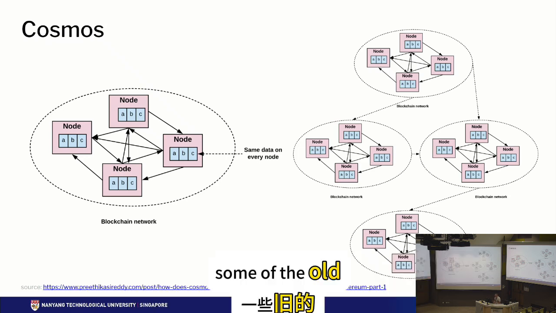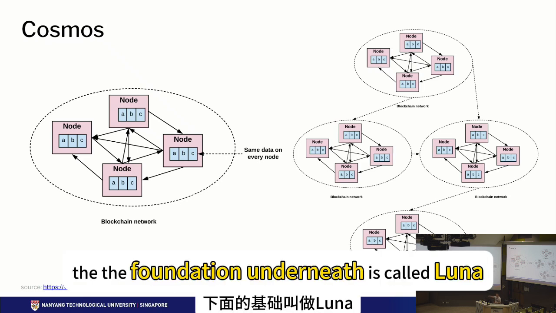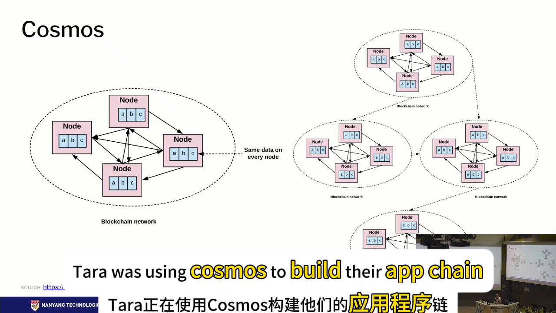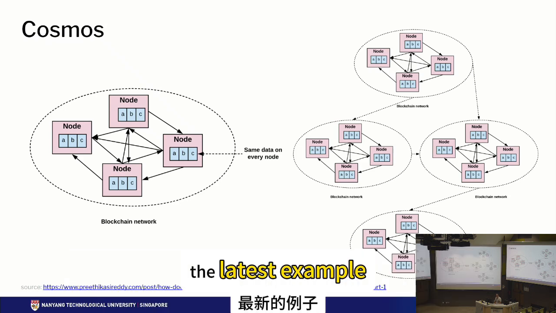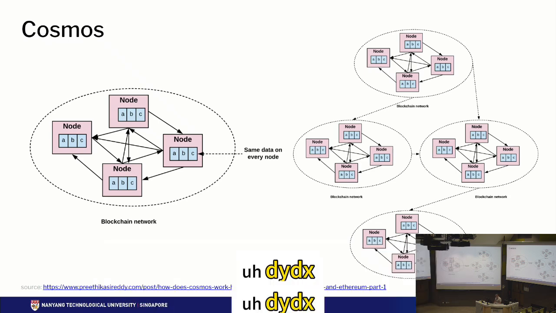Some of the older examples are Terra. Have you heard about Terra? The foundation underneath is called Luna. Yes, Terra was actually using Cosmos to build their app chain. And the latest example of a company using Cosmos to build its blockchain is dYdX.